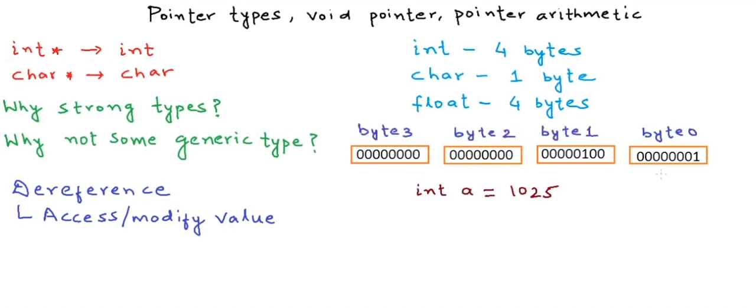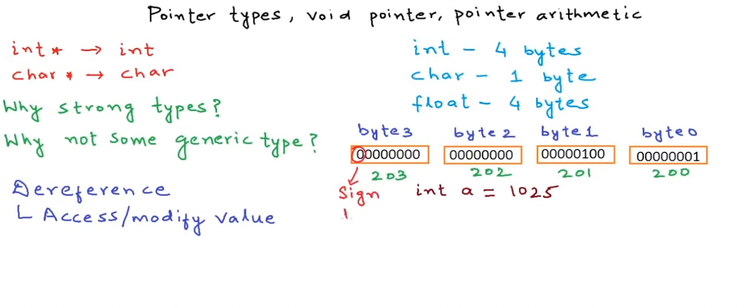Now we also know that each byte in the memory is addressable. Let's say the address of byte 0 is 200. Now these 4 bytes need to be contiguous. Let's say the address of byte 1 is 201, and then we go on like 202 and 203. When an integer is stored in the memory, the leftmost bit stores the information whether this integer is positive or negative.